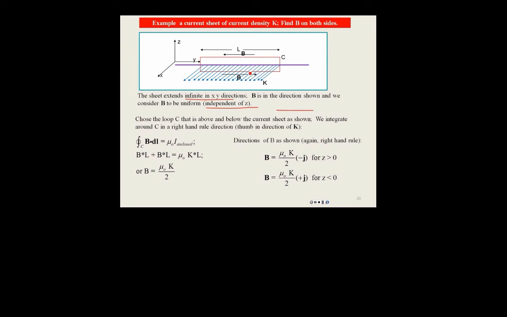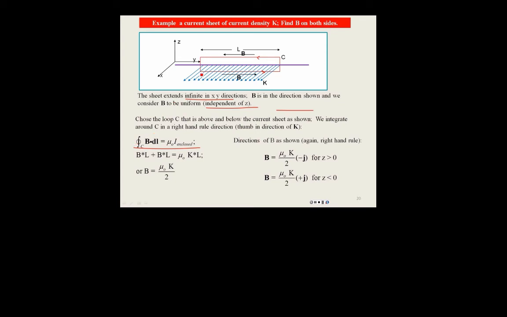So what we're going to do is, because of the direction of the current, we want to use our right-hand rule to get the best guess of what direction we're going to integrate. If we put our thumb towards the direction of K, then our fingers would wrap around C like this. That's the direction to try. So here we go. Here's Ampere's law, just like we used before. Because this is a constant, we can bring it outside of the loop, and it will have two components.